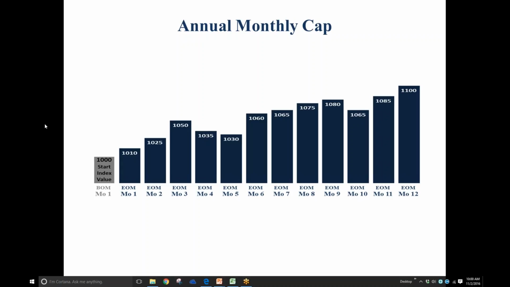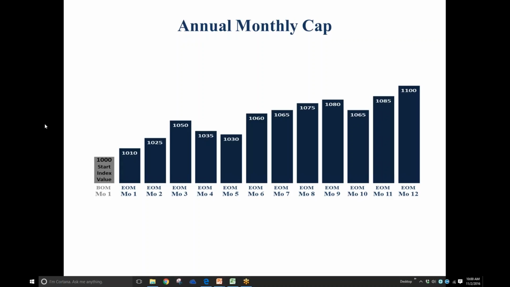You may recall yesterday when we looked at the annual point-to-point with cap, and then we looked at the annual monthly average, one of the things I mentioned on that annual monthly average strategy was that the reason it was developed was so you could capture what was happening between point A and point B on the index, assuming that it went up, okay?